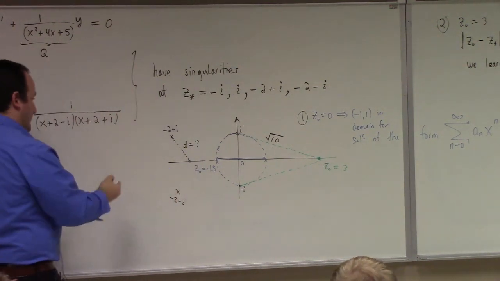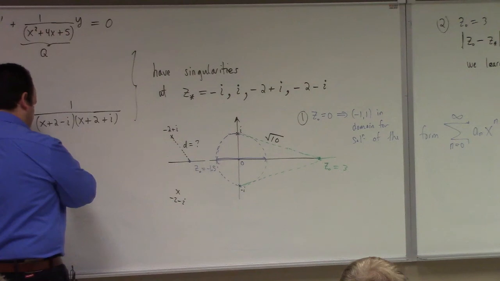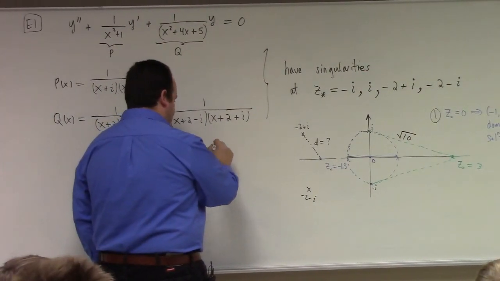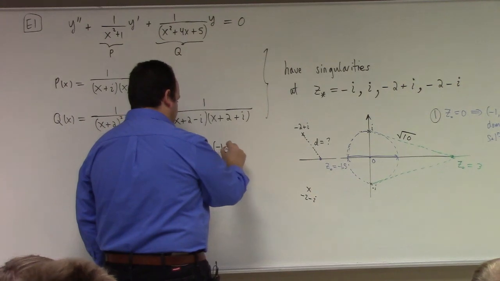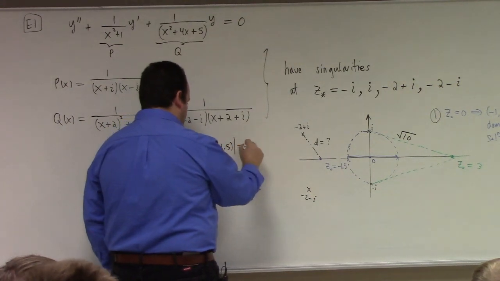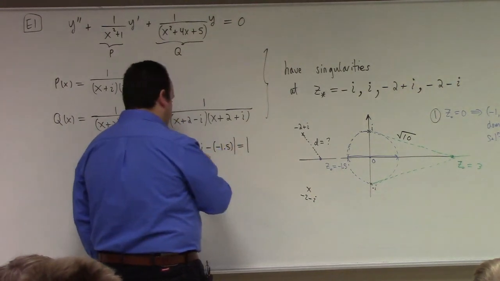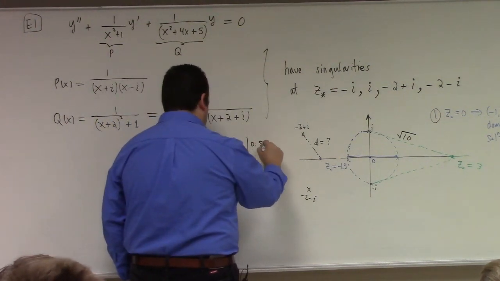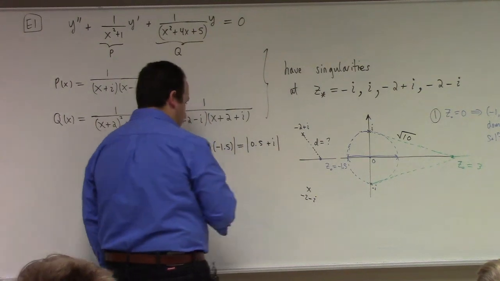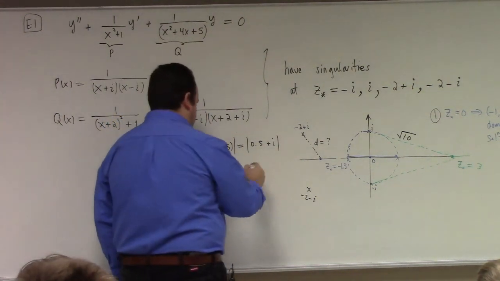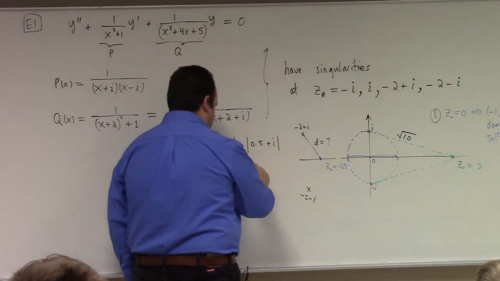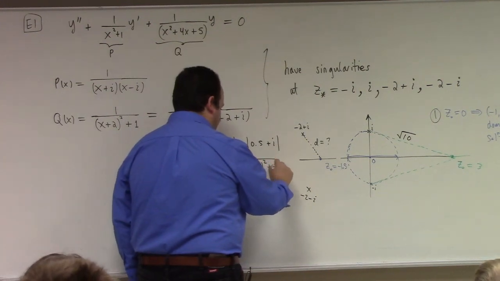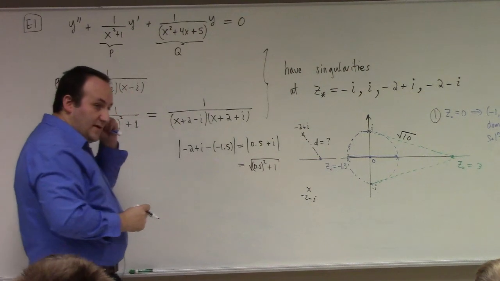To do that, I take the modulus of minus 2 plus i minus minus 1.5. That gives me the length of the vector. In other words, what's the length of the complex number 0.5 plus i? That's the square root of 0.5 squared plus 1.